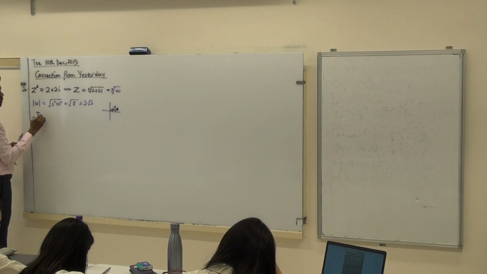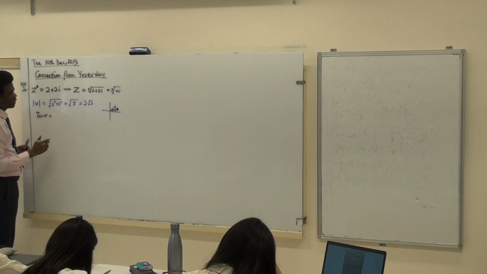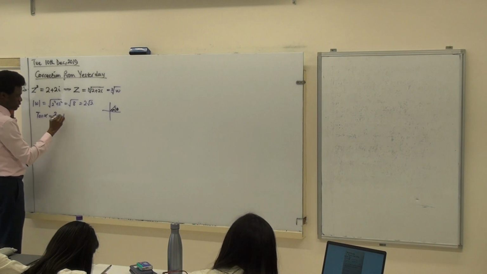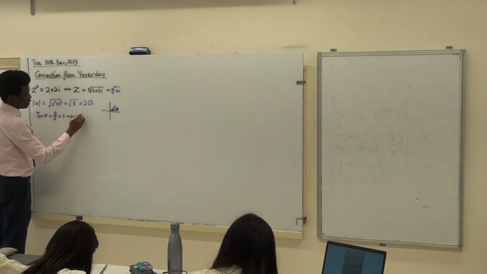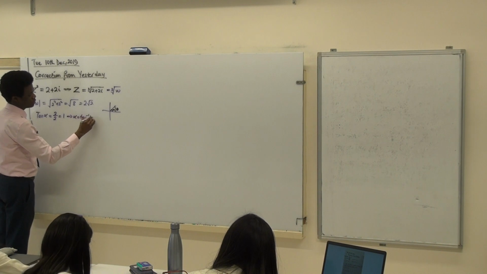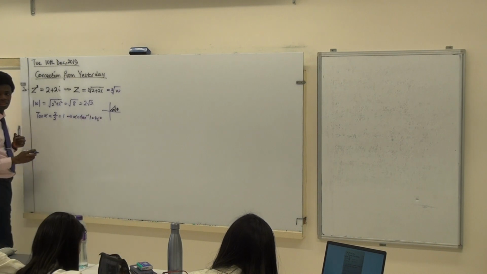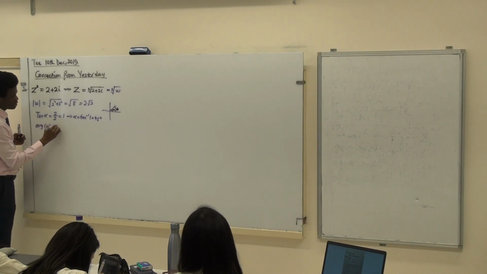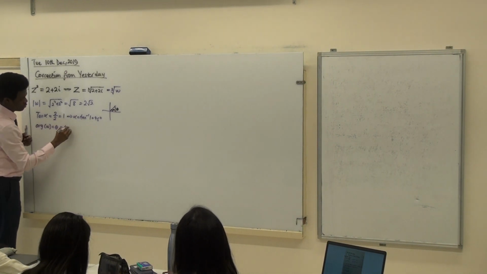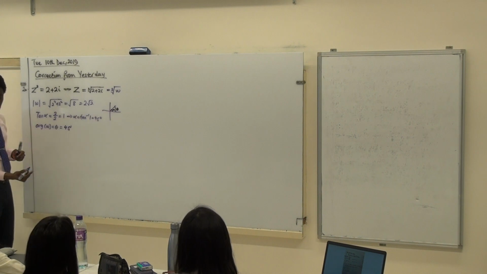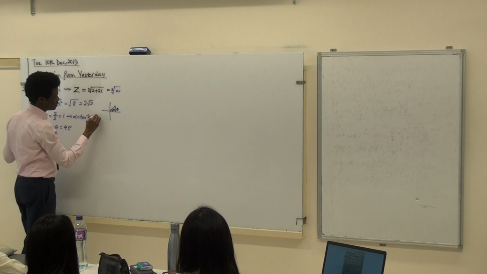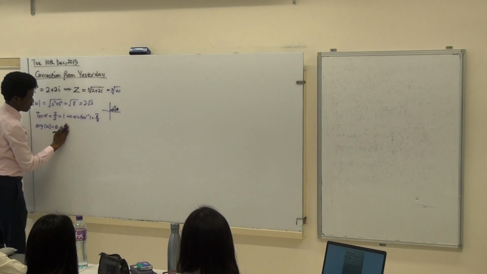So tan alpha is 2 divided by 2, which is 1. This implies that alpha is arctan of 1, which is 45 degrees. So the argument of w, which is theta, is 45 according to the Argand diagram. There's no need to subtract. No, not 45, I keep thinking in degrees. So that's pi over 4.